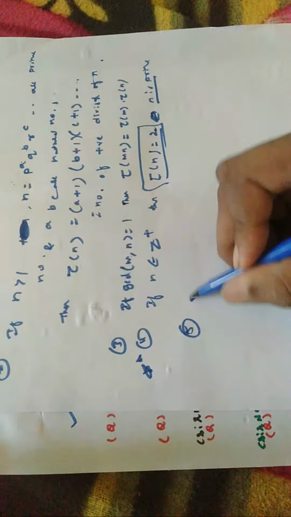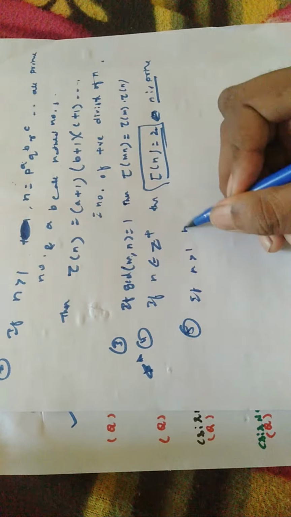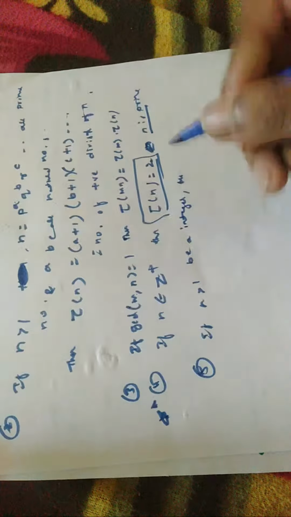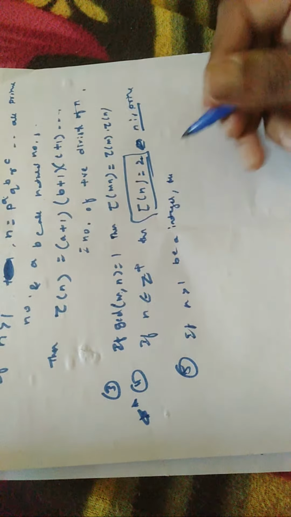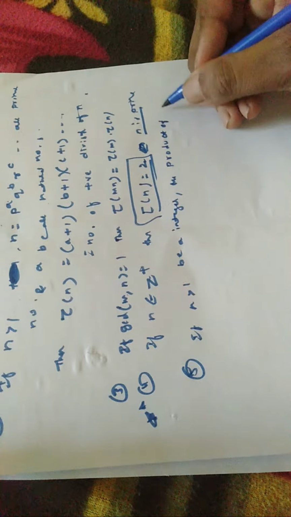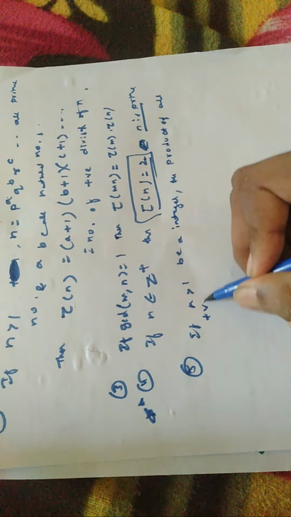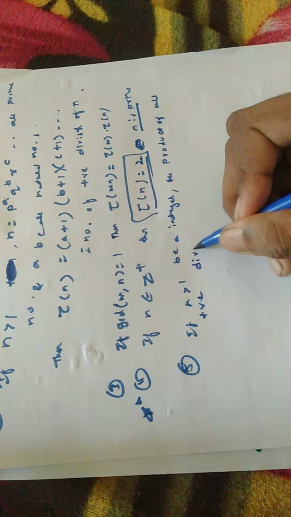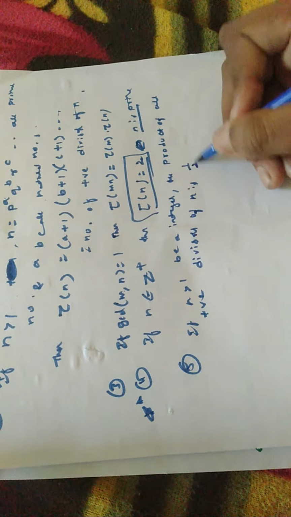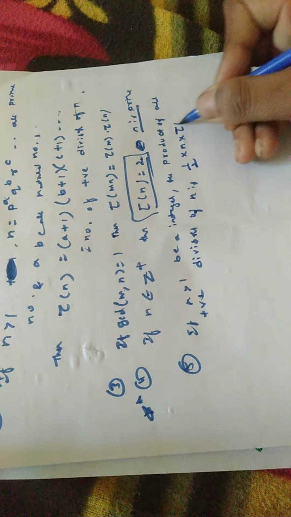One more property: if n is an integer greater than 1, then the product of all positive divisors of n is n to the power of tau of n by 2.